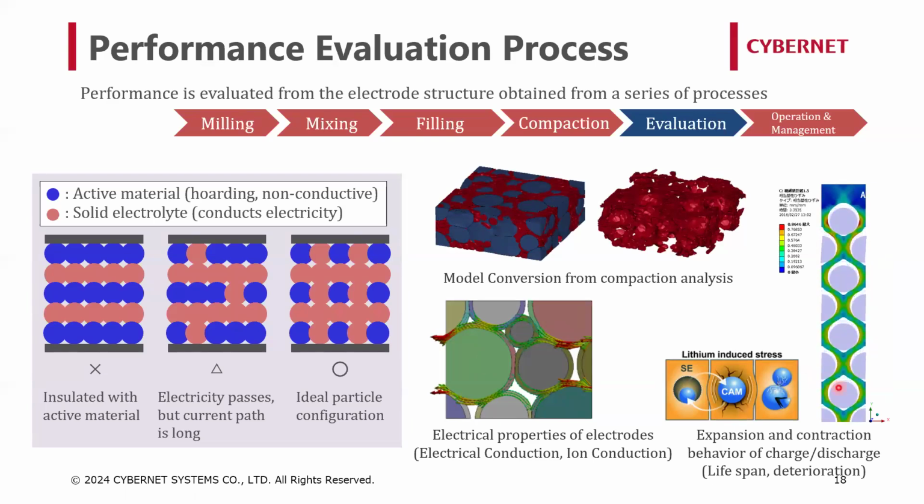The rightmost figure is an example of analysis closer to actual operation, simulating problems such as a breakdown of the good ionic conductive path due to cracks caused by large expansion or contraction of active materials as the battery is charged and discharged. Thus, the performance of various batteries can be predicted by FEM analysis with multiscale technology.